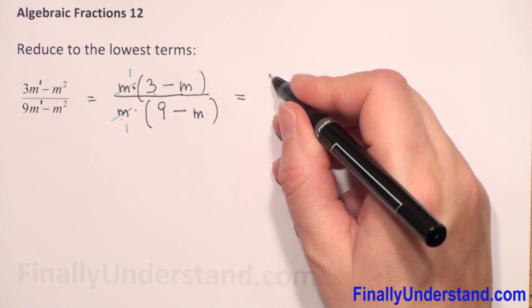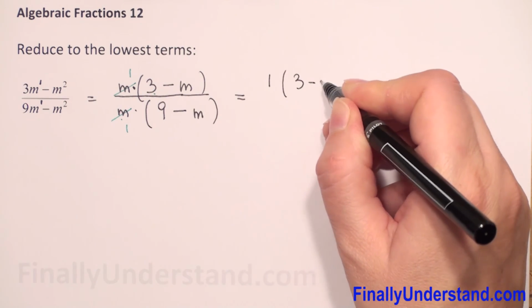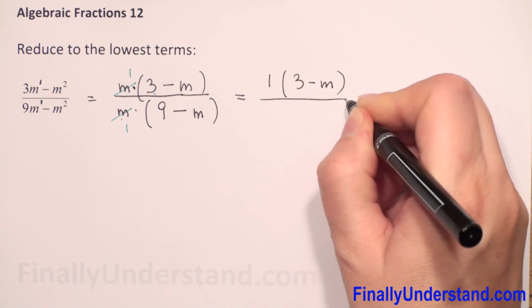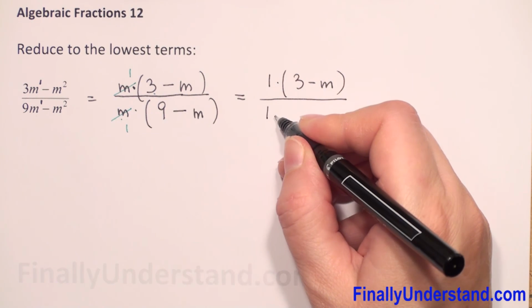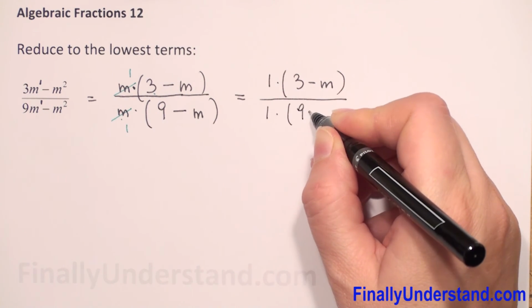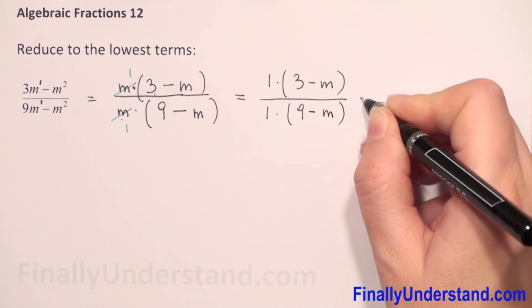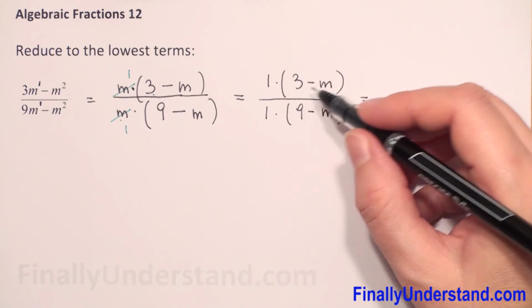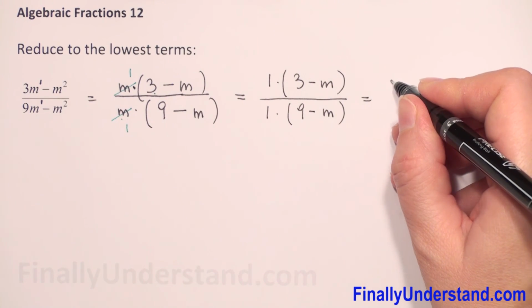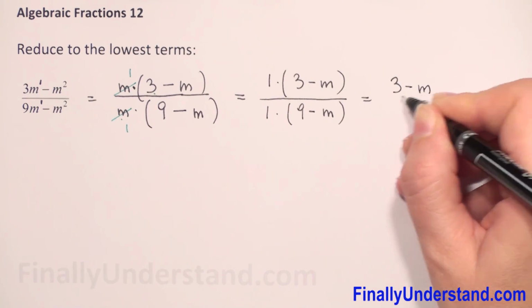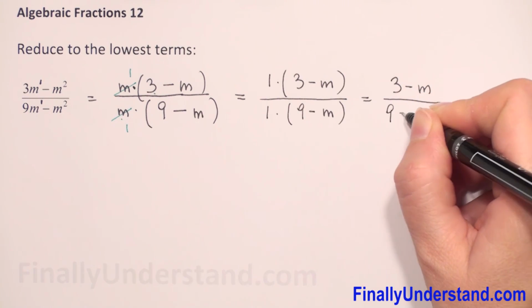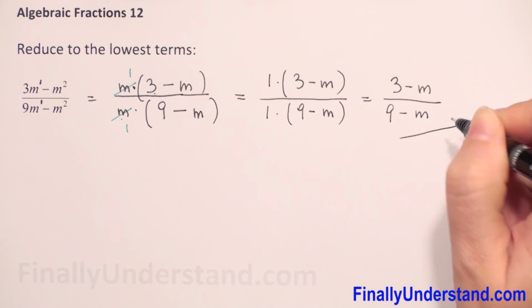We have 1 times 3 minus m in the numerator, and in the denominator 1 times 9 minus m. When we multiply by 1, it doesn't change anything, so we have in the numerator 3 minus m over 9 minus m. This is my solution.